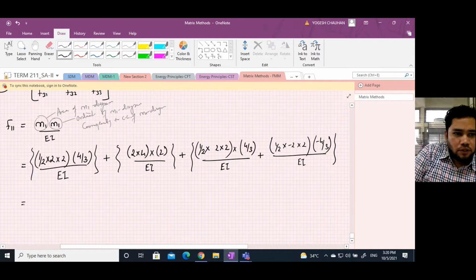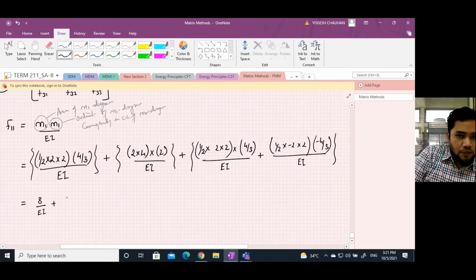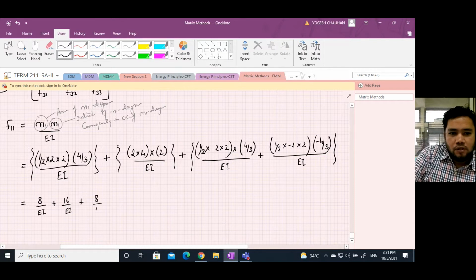Okay, so this total will be equal to 8 by EI plus 16 by EI, and this part is again 8 by EI plus 8 by EI.